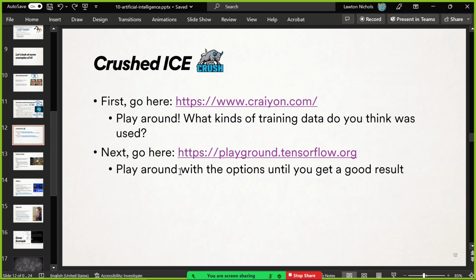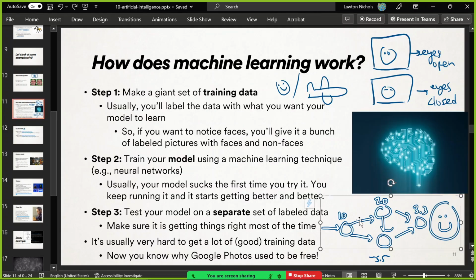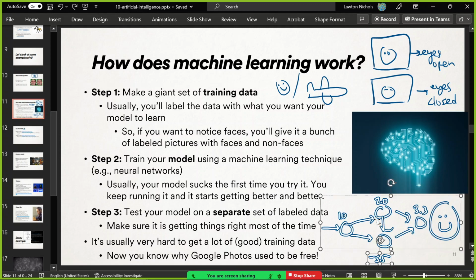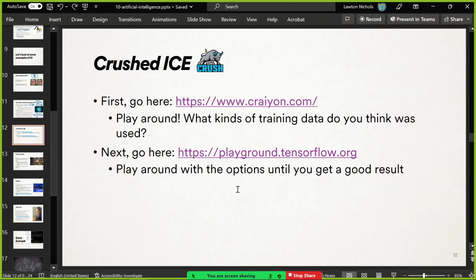The way that it shuffles around these numbers is essentially adding them together, more or less, and then doing something to them. I'll just draw it.